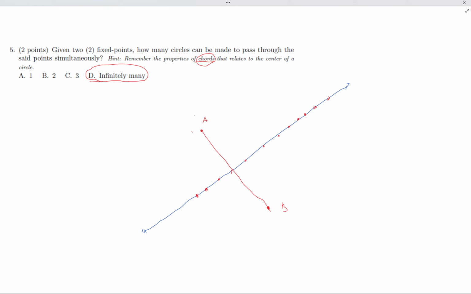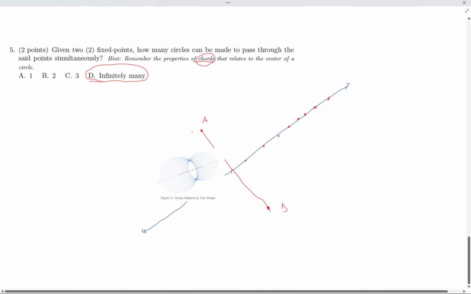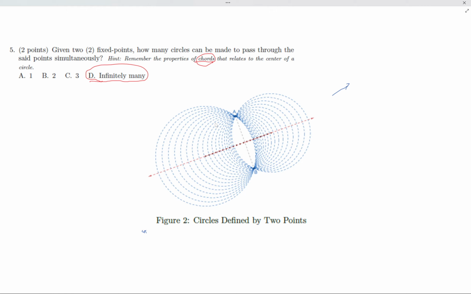Now, I believe I have given an illustration right here for this problem, and I guess it's best that we grab onto that and show what I mean in a more desirable manner. So let me grab onto this and perhaps put it here. Look at these circles that we are able to draw. Each of those blue dashed circles corresponds to all of the possible circles that we can make such that it must pass through the points A and B. Those are just some of the many possible circles.